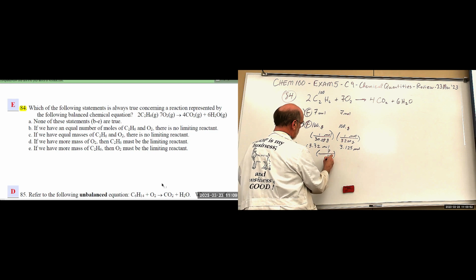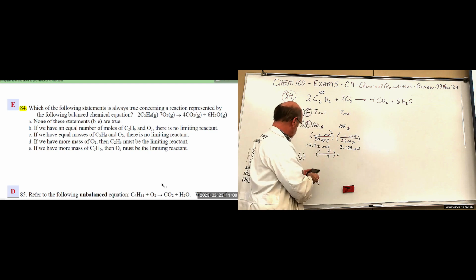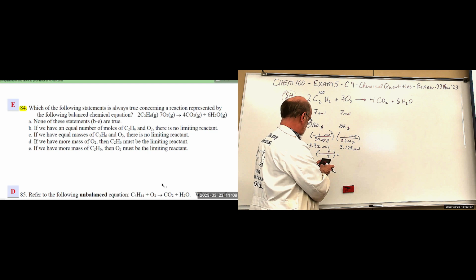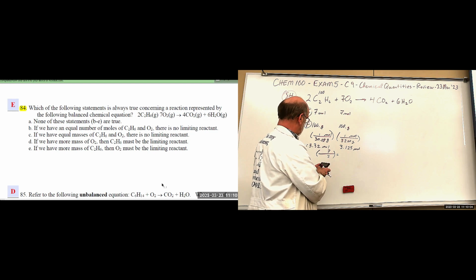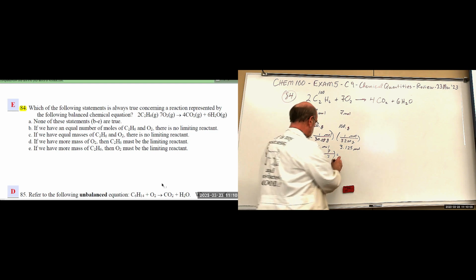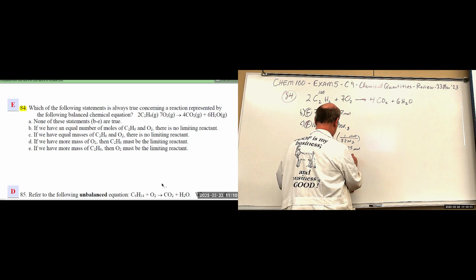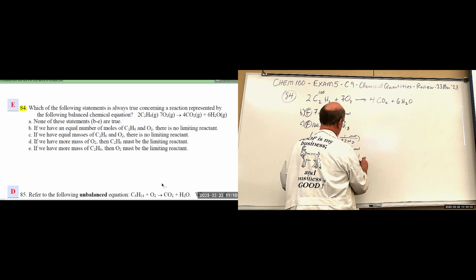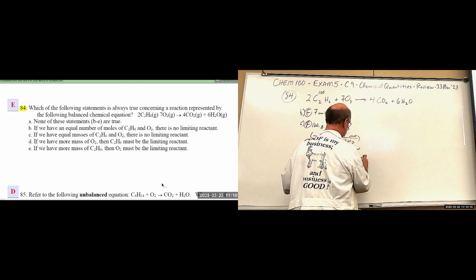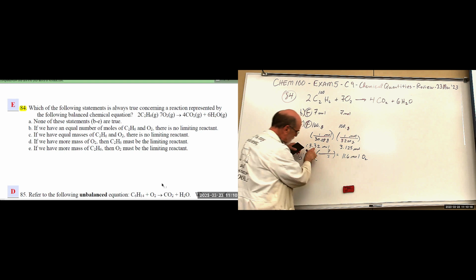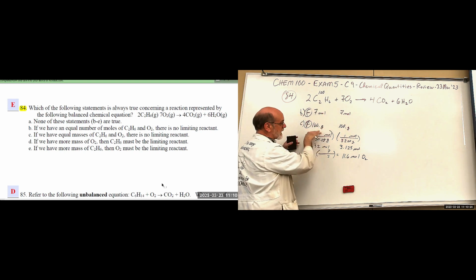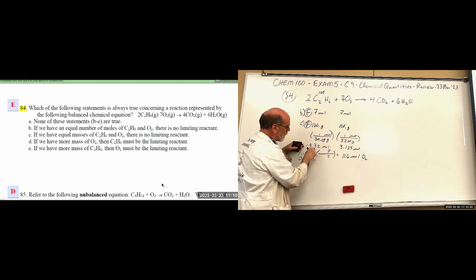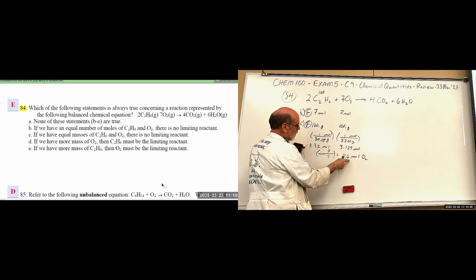We have 7 divided by 2 equals, let's see. You need 11.6 moles of oxygen. So if they're equal masses, 100 and 100, you need that many moles of oxygen.